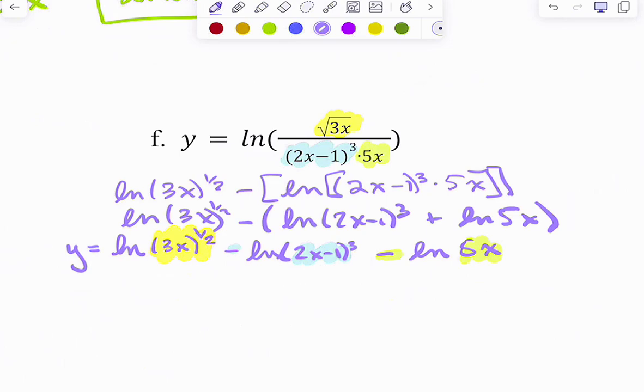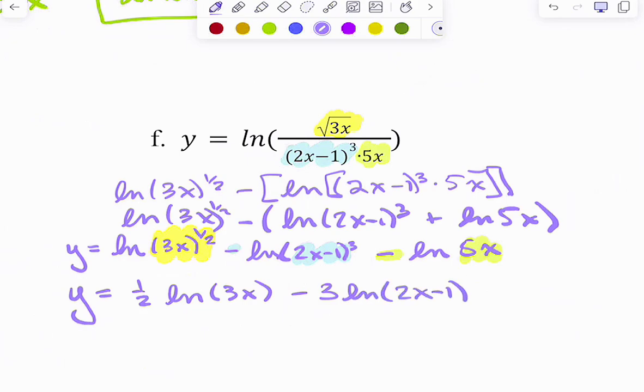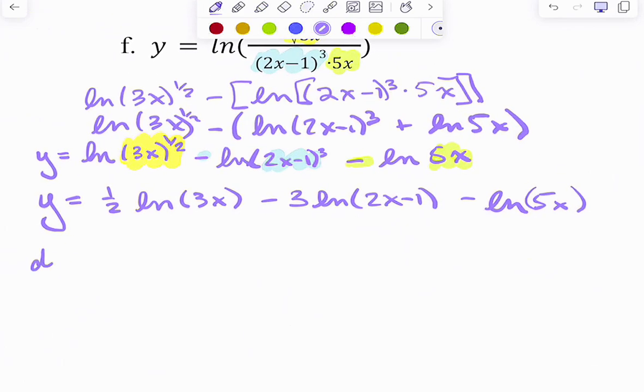Okay, so now first I'm going to pull down my exponents. Then I'm going to use my natural logs. So y equals 1/2 natural log of 3x minus 3 natural log of 2x minus 1 minus natural log of 5x. Okay, now I'm just going to do my derivative rules. So dy dx equals 1/2.